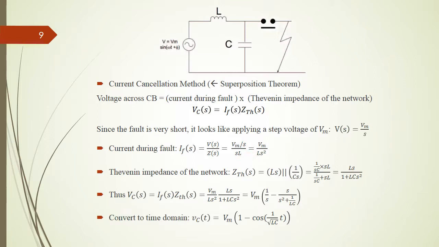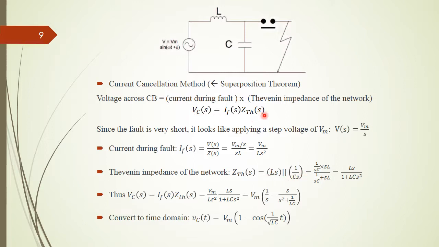The Thevenin impedance of the network looking from this side: we have to short circuit this one, and then looking from this side, it will be the inductor in parallel with the capacitor. So the impedance is the two impedances in parallel, like this.